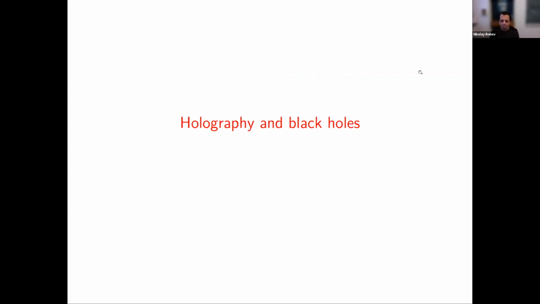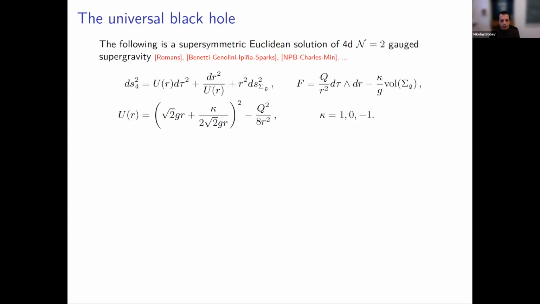No? Okay. Good. Now, here is a simple solution of four-dimensional supergravity. This is a Euclidean 4D solution of what I want to call 4D minimal supergravity, so essentially Einstein-Maxwell theory.